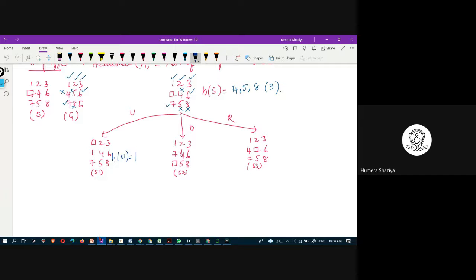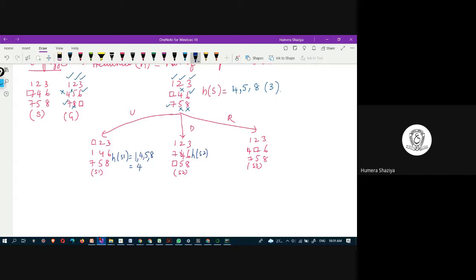Compare: 1, then 4, then 5, then 8. 4, 5, and 8. So totally 4 tiles are misplaced. So h of S1, S1 is successor 1, the heuristic value of S1 is 4.